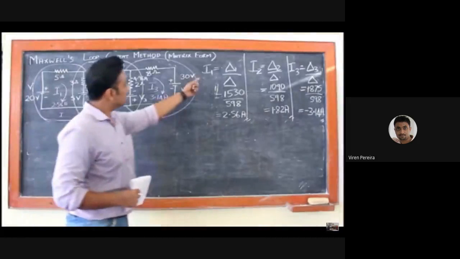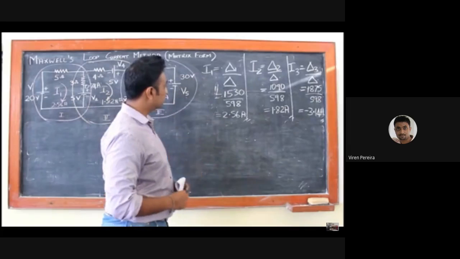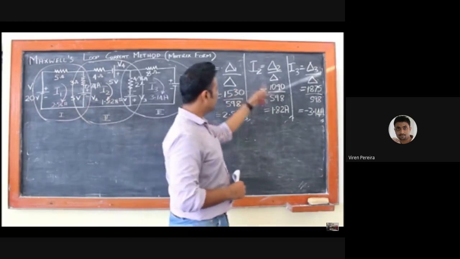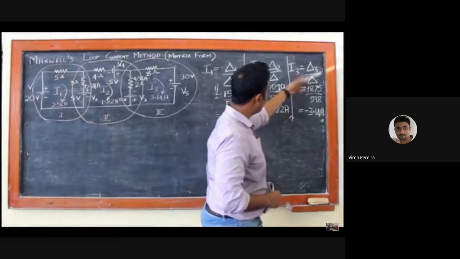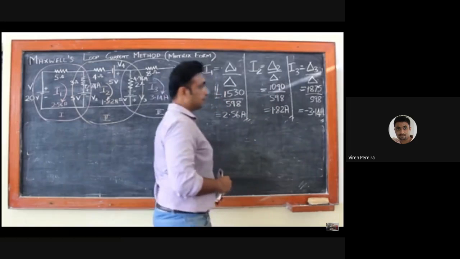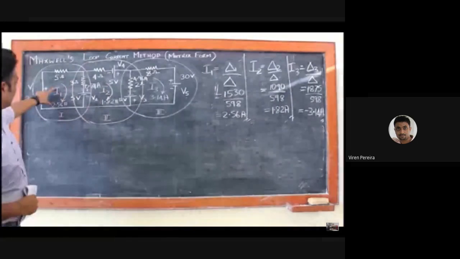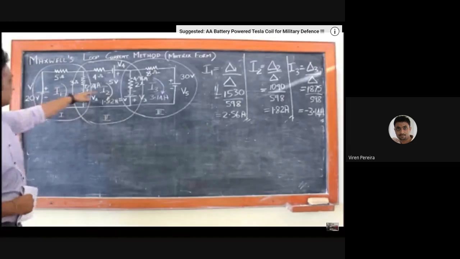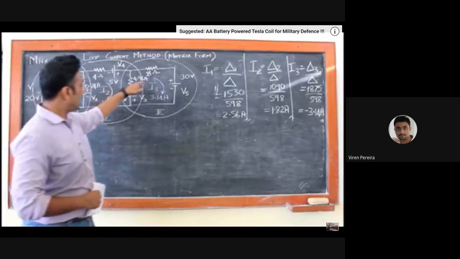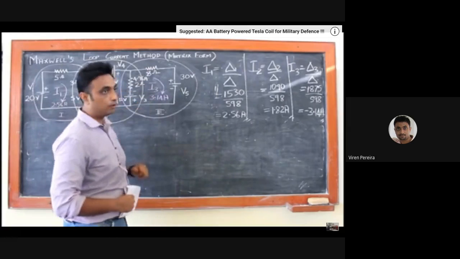So basically we want I1 which is equal to 2.56, I2 which is equal to 1.82, and I3 which is equal to minus 3.14.